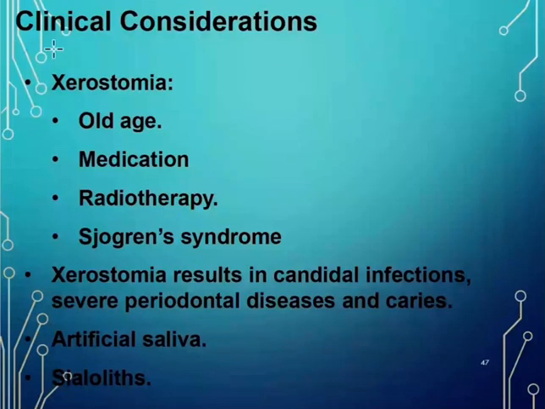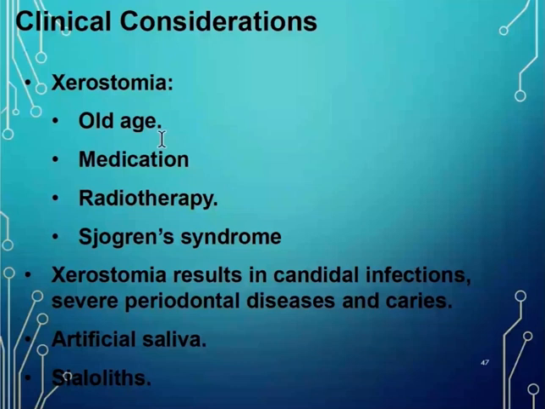Finally and lastly, the clinical considerations will be very rapid for the salivary glands, about the dryness of the mouth, which we call xerostomia. Okay, xerostomia is dryness of the mouth. It can happen due to many factors.